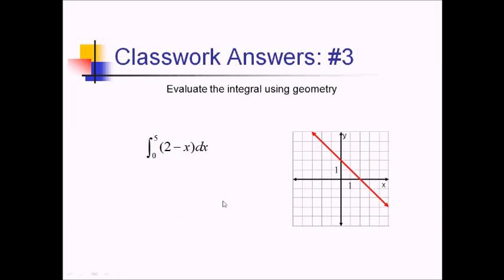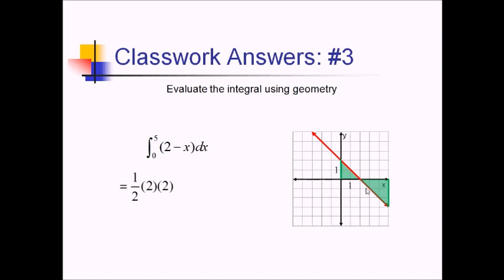For this problem, we want the integral from 0 to 5 of 2 minus x, the area under this line between 0 and 5 over here. So that gives us actually 2 triangles that we have to find the area of. So for the first triangle, we're going to have positive area because we're above the x-axis. So that's going to be 1/2 times a base of 2 times a height of 2.